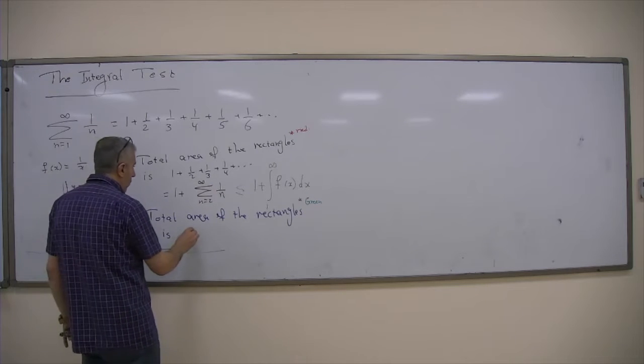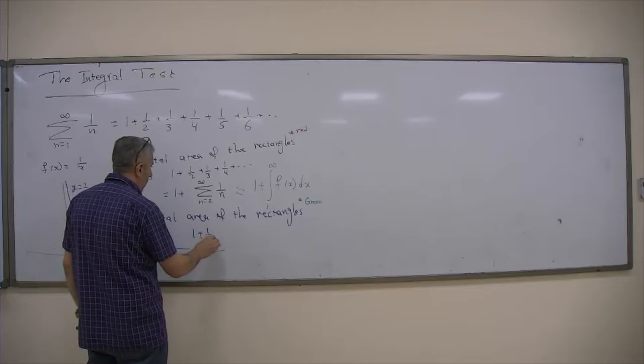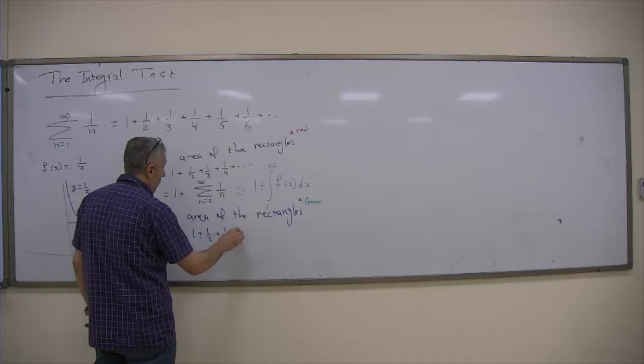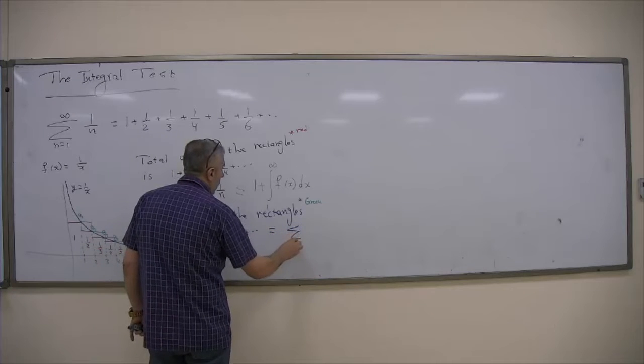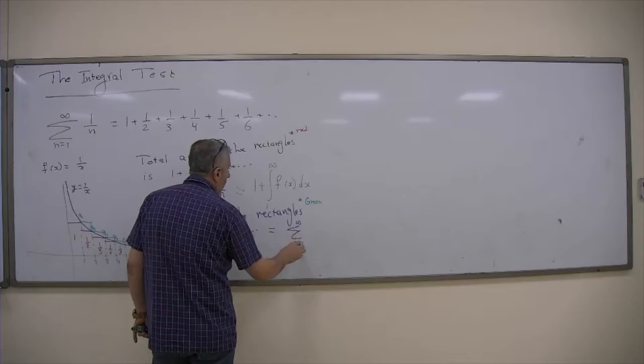So this is going to be 1 plus 1/2 plus 1/3 plus 1/4, and that is summation n from 1 to infinity 1 over n.